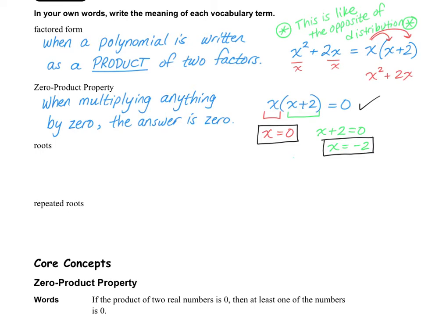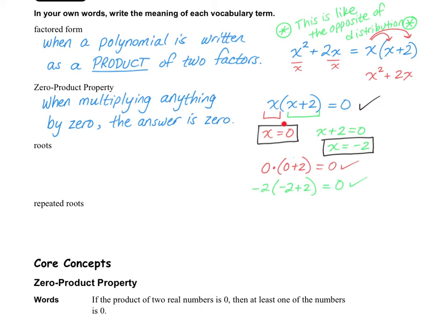If we plugged in 0 into the equation, we would have 0 multiplied by 0 plus 2. That does equal 0. If we plugged in negative 2 into the equation, we would have negative 2 multiplied by negative 2 plus 2, which equals 0, and that also works.